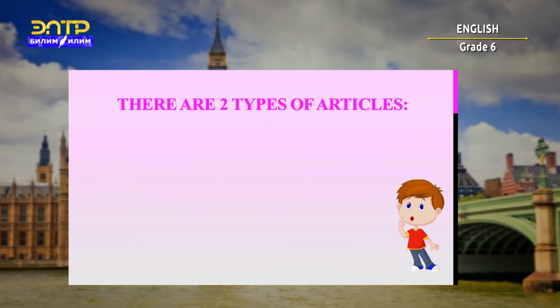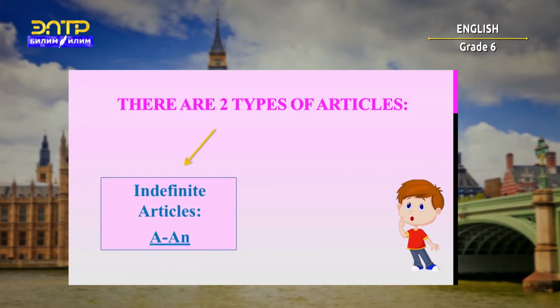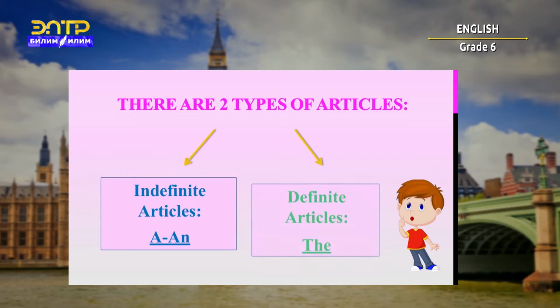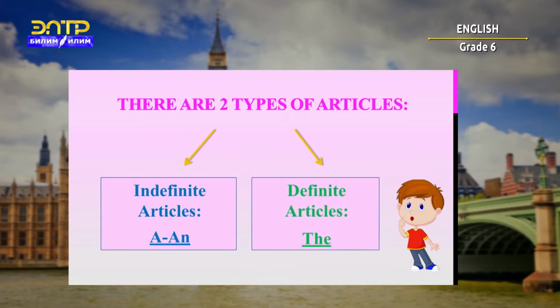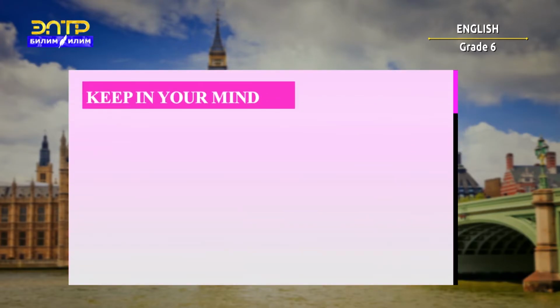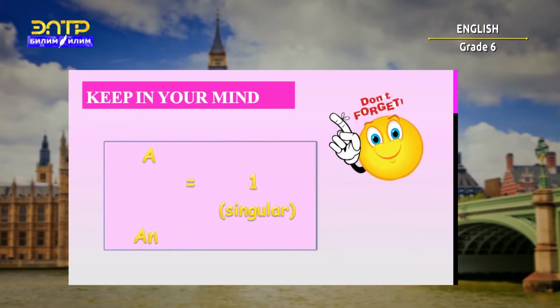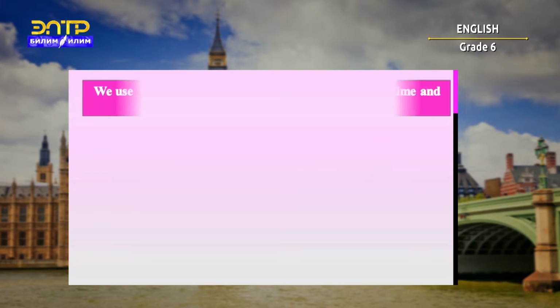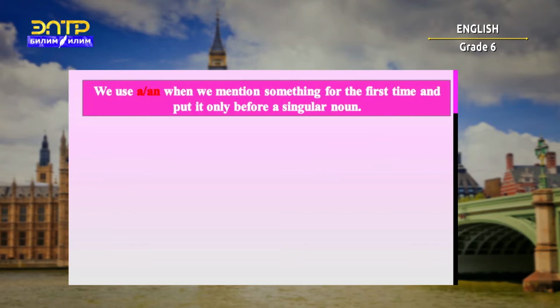There are two types of articles in the English language. They are indefinite, a and an, and definite, the. Keep in mind that articles a and an can be used only with singular nouns. So, let's have a closer look at the indefinite articles.